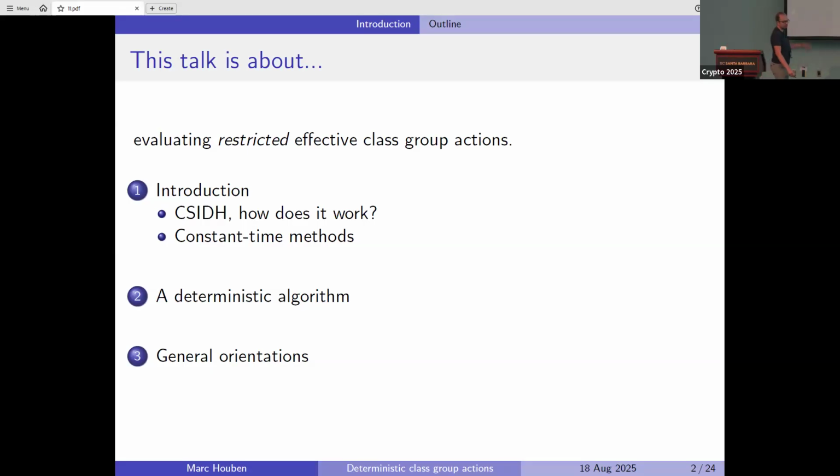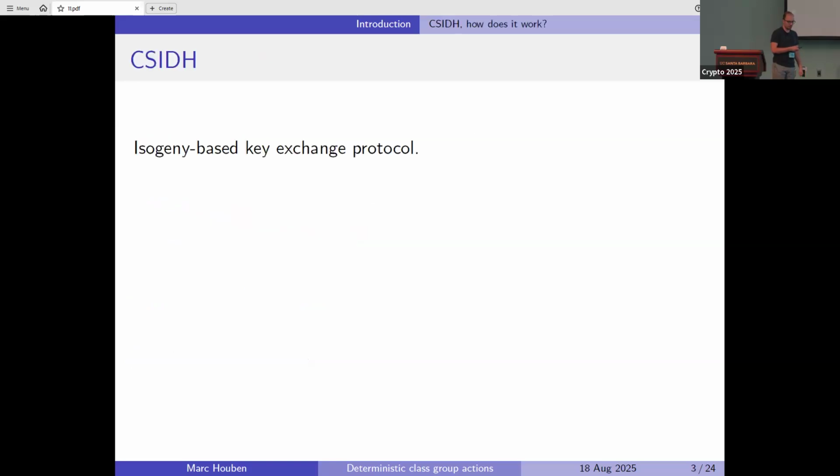So my main example will be the Seaside protocol. So I'll tell you a little bit about how that works, how we can evaluate that in practice, why it's difficult to do that in constant time. And I'll tell you about a new algorithm that you'll hopefully agree has some nice cryptographic properties.